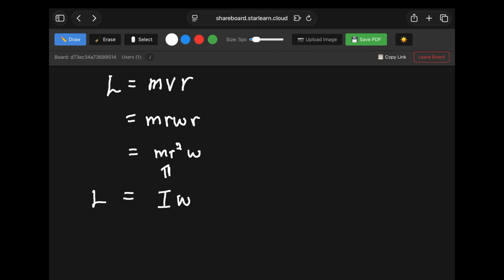So think about a skater, like an ice skater. If you have your arms out, your radius is bigger. So that means because your momentum is conserved and your radius is bigger, your angular velocity is slower.